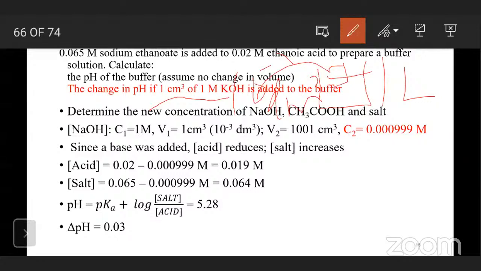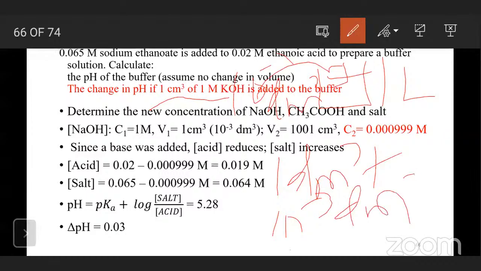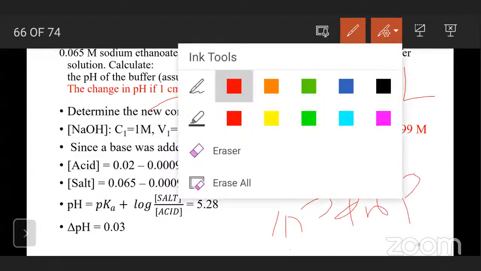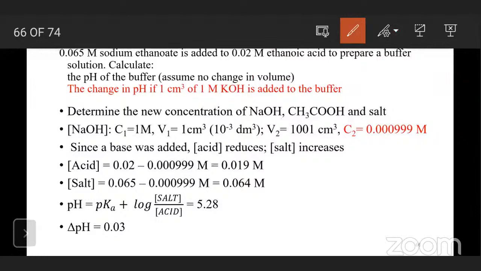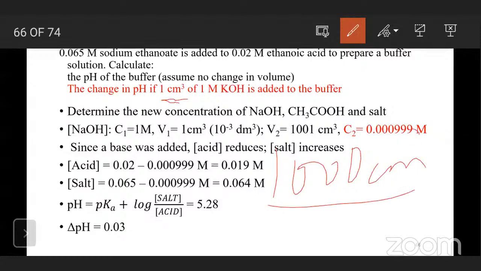The new volume will be the 1 dm cube plus 10 raised to the power minus 3 dm cubed. If you add that together, or maybe you first decide to convert everything to cm cubed for easy calculation, you have 1000 cm cube for what you already have, plus 1 cm cube you have added, and now you have 1001 cm cubed. That will be the new volume you're working with.